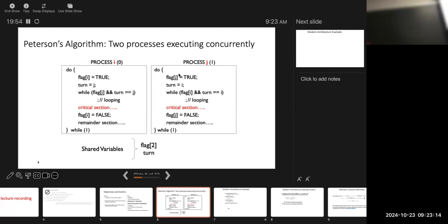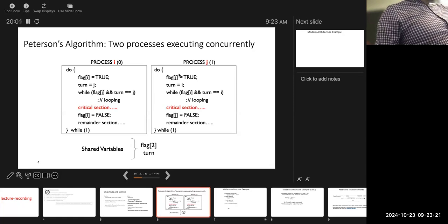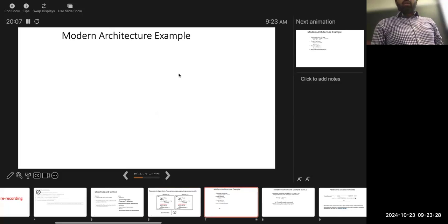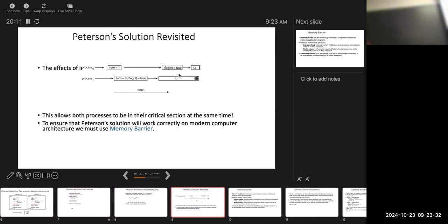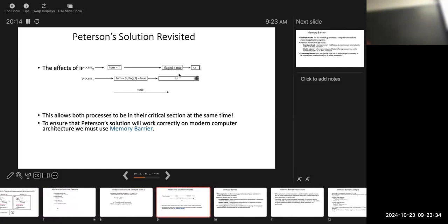Now, let's say that our compiler reorders these two instructions at the start of the body of the while loop. So, for example, for process 0, the turn instruction is executed before flag 0 is set equal to true, because the compiler thinks it can execute it earlier.